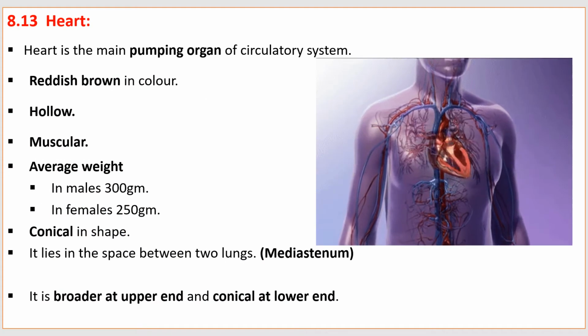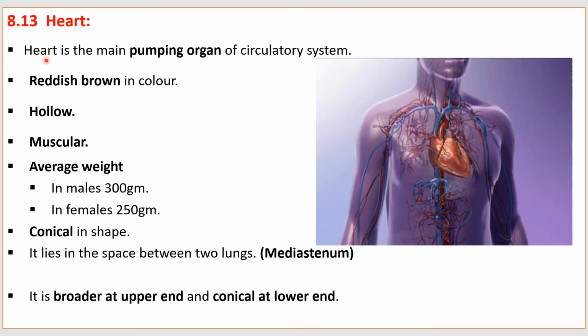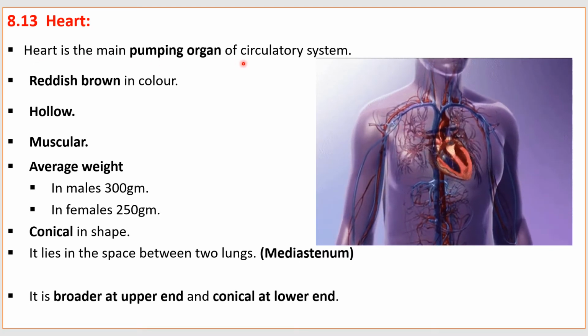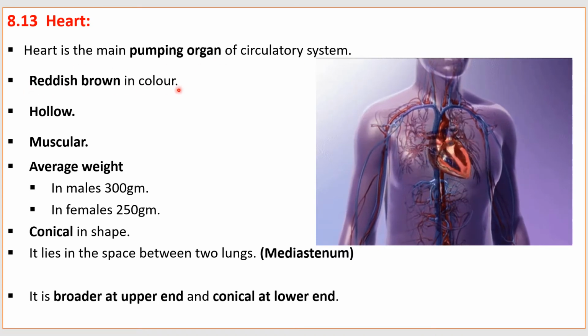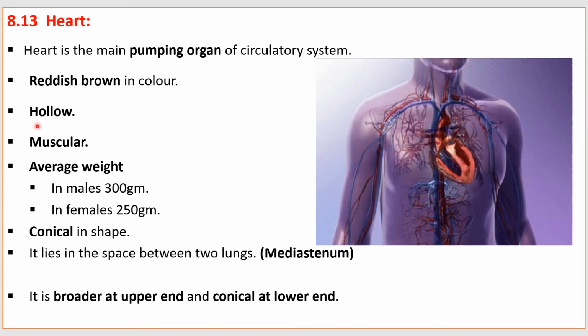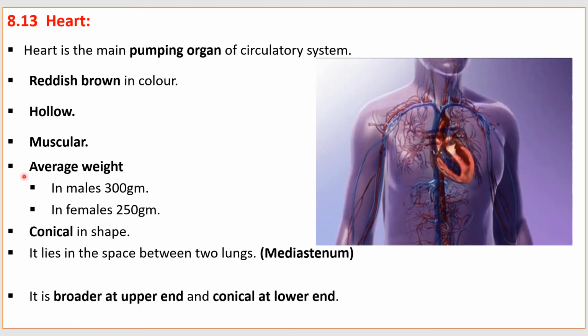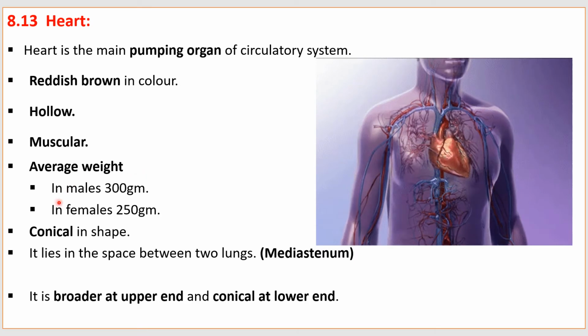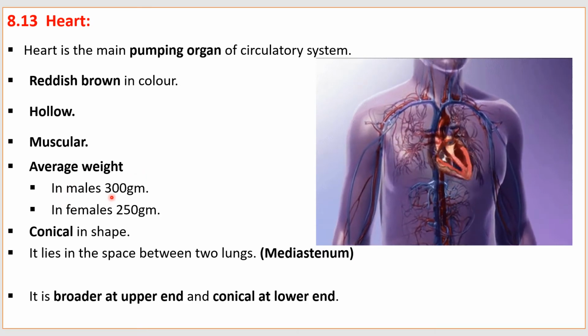Now we will see heart. Heart is the main pumping organ of the circulatory system. Heart is reddish brown in color. It is hollow. It is muscular. The average weight in males is 300 grams.